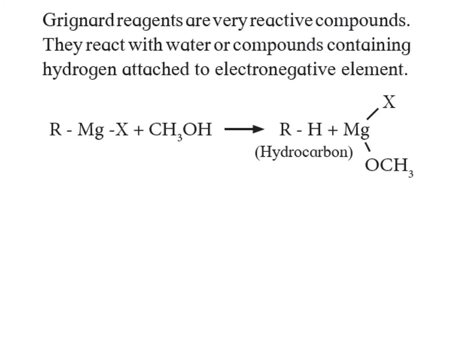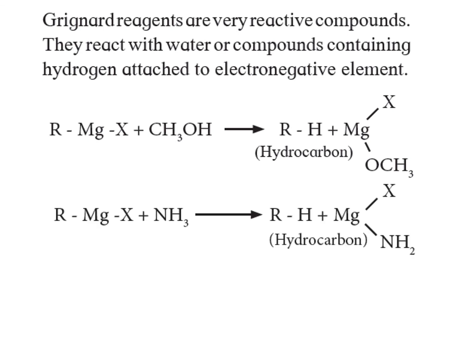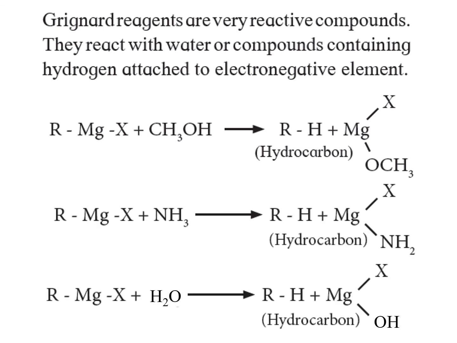For example, reaction of Grignard reagent with methyl alcohol, reaction of Grignard reagent with ammonia and with water. In all the three reactions, the hydrogen, that is a positive part, combines with carbon and forms hydrocarbon. Hence, the reactions of Grignard reagents cannot be carried out in aqueous solution.